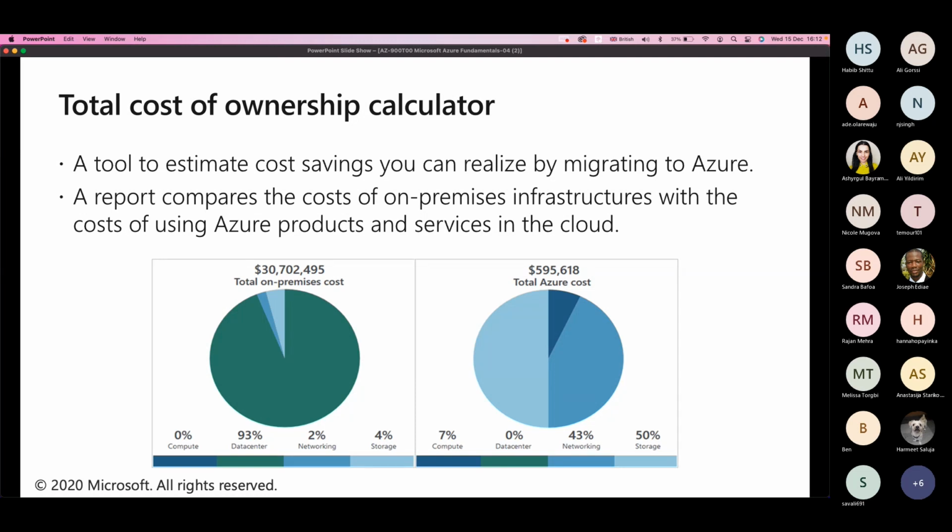The report compares the costs of on-premises infrastructure with the cost of using Azure products and services in the cloud.